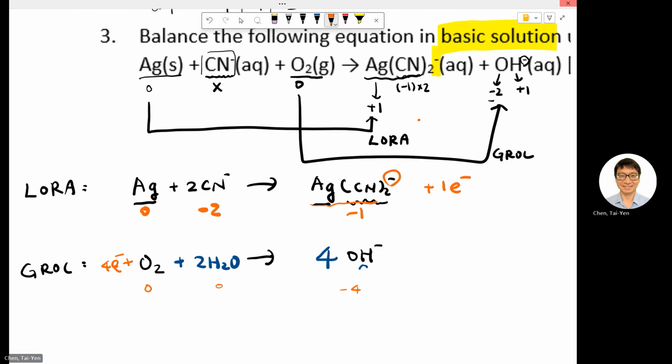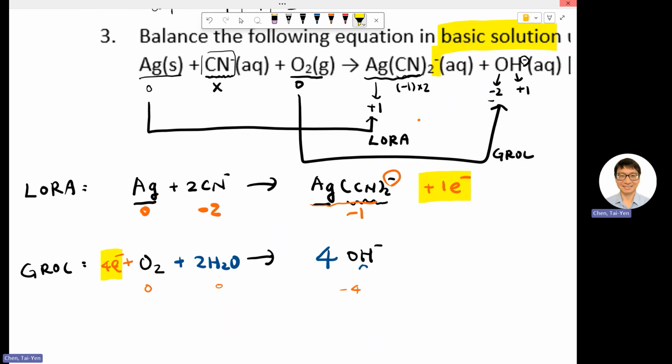Once you have these, here you give out one electron, and here you take up 4 electrons.